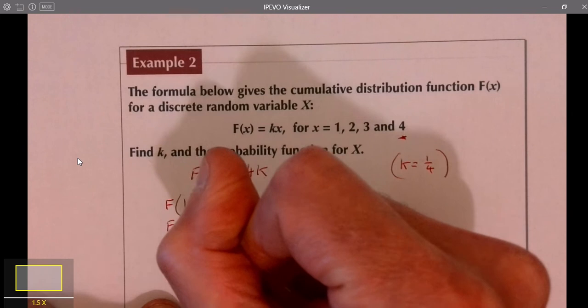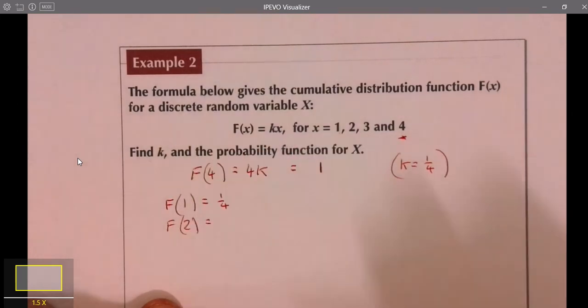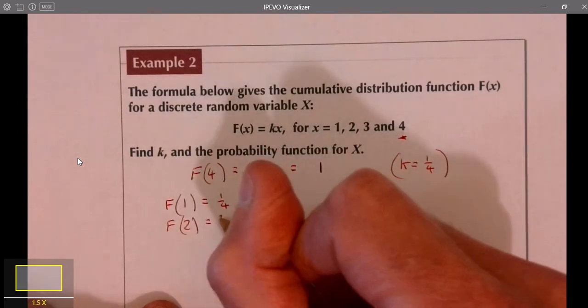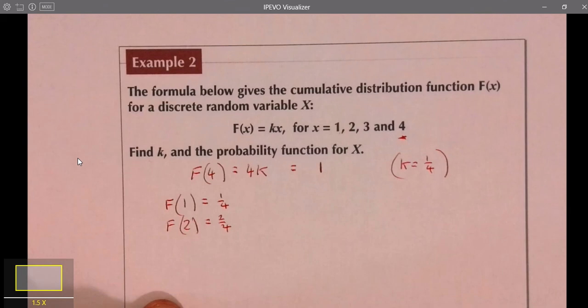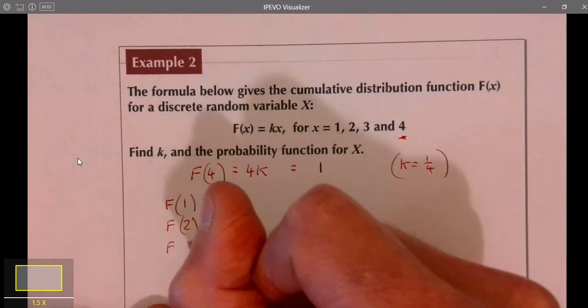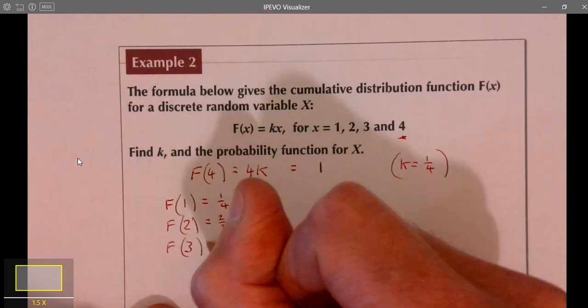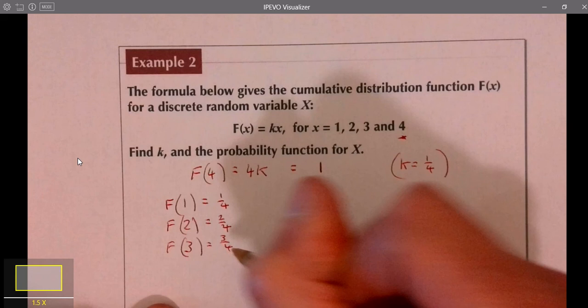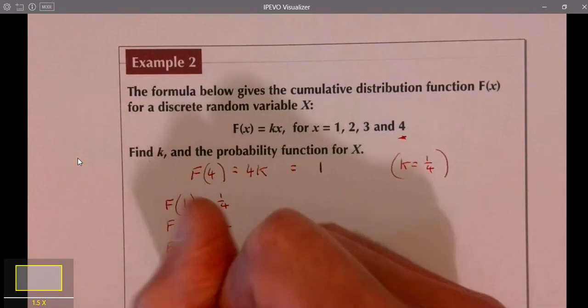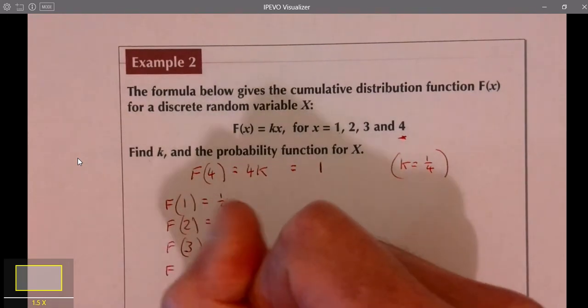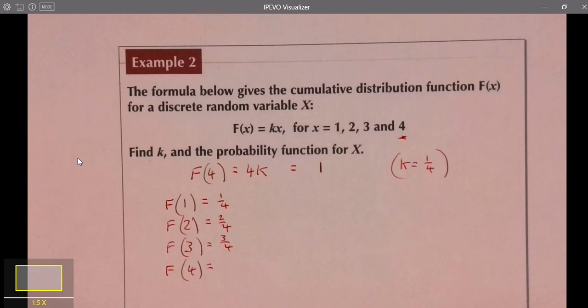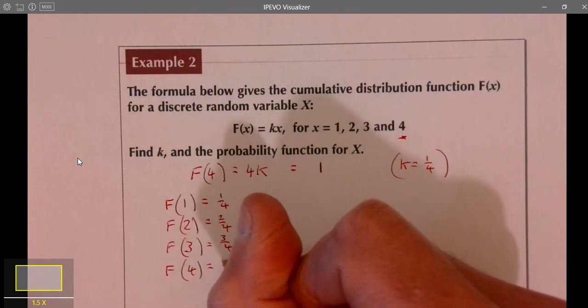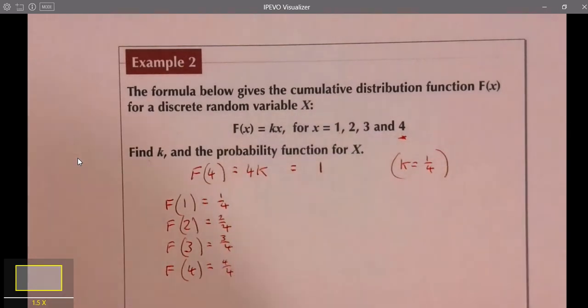We know that that one is going to be 2 quarters. And this last one, once you spot it, is quite a nice one, because it's going to produce a uniform distribution. So that's going to be 1, I'm going to write 4/4.